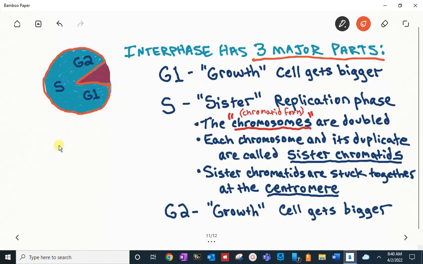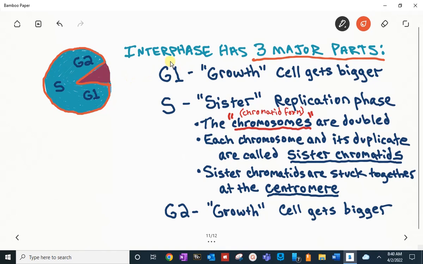Think of it like a child growing up: you have the infant growing into the toddler stage, then the child growing into the adolescent stage, and then the adolescent growing into the adult stage. The three major parts to interphase.